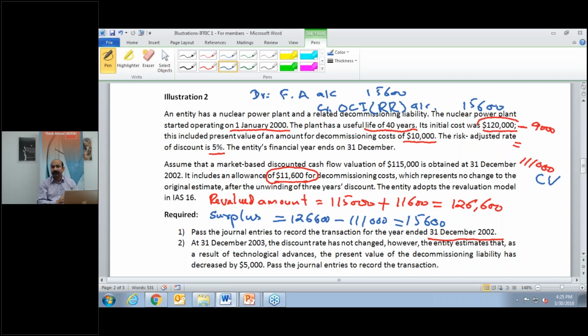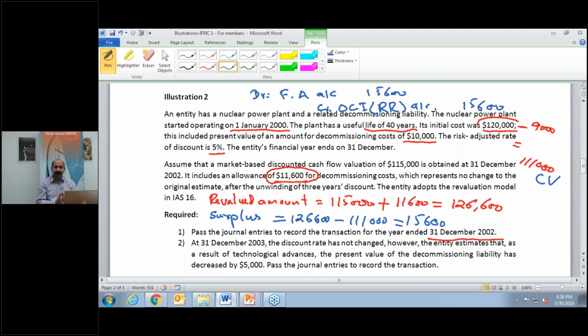Then we calculated the carrying value at the date of revaluation, which is simply cost minus accumulated depreciation. Then the revalued amount is given. Only I did one additional thing, that's what I want to explain to you. Well, see, it is written here, market-based discounted cash flow valuation.